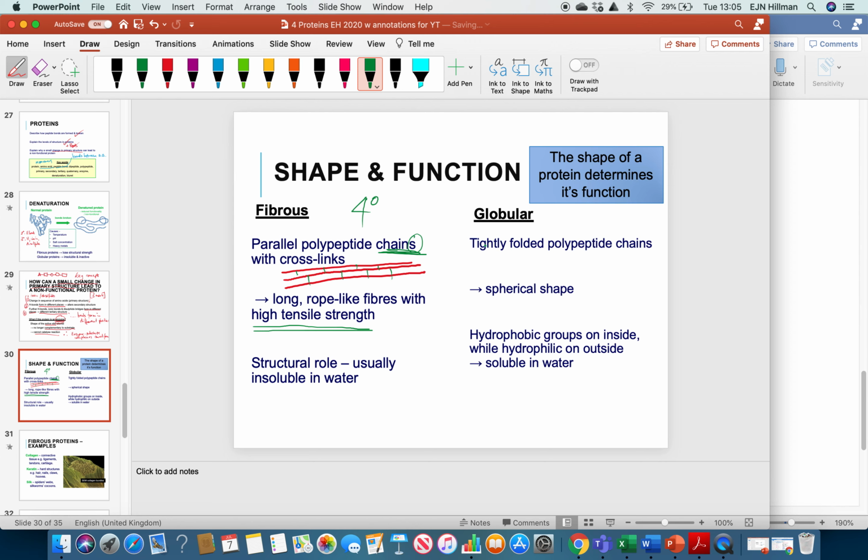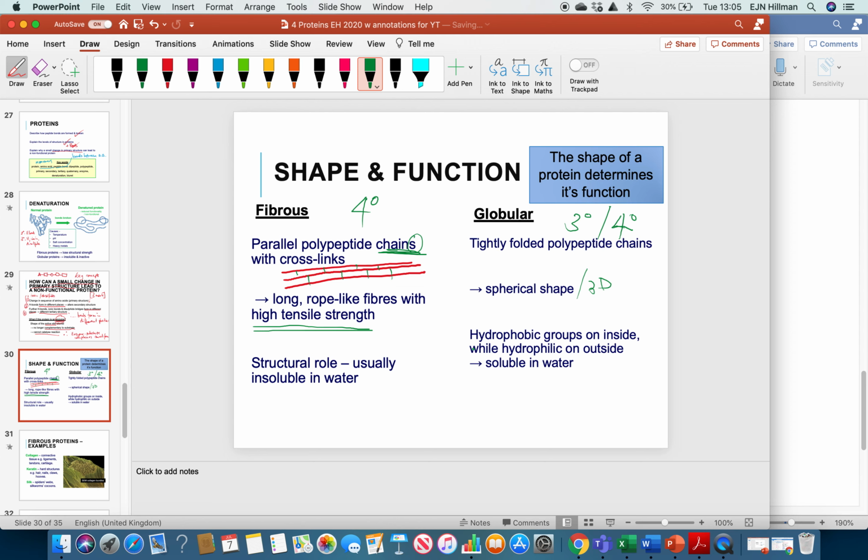Globular proteins, on the other hand, could be tightly folded polypeptide chains. They may be tertiary structures or quaternary. Think about a quaternary one might be hemoglobin. Tertiary structure might be something like an enzyme. They tend to have a three-dimensional spherical shape.